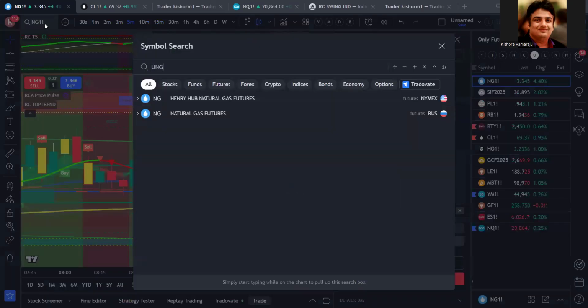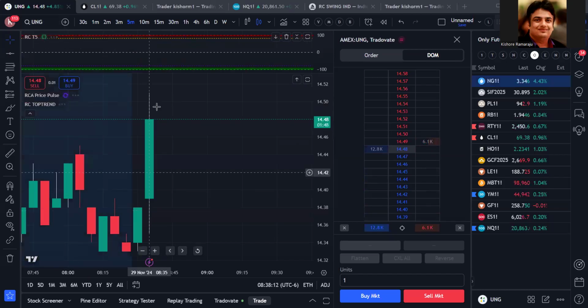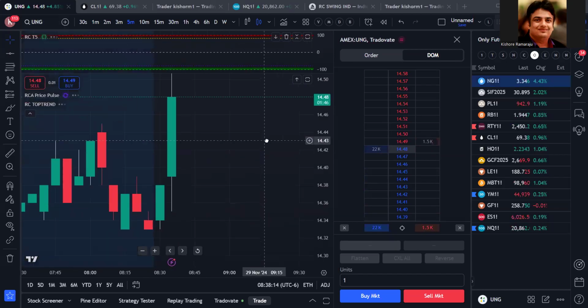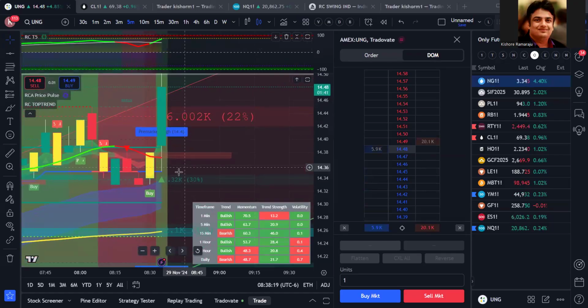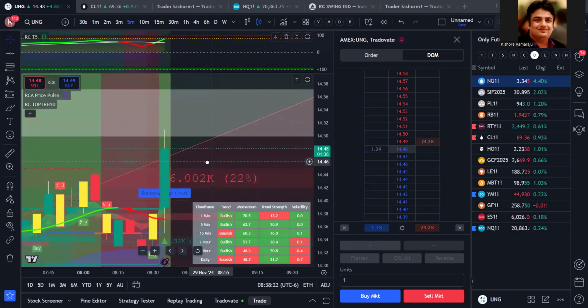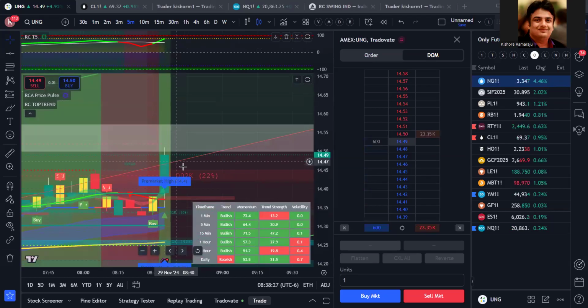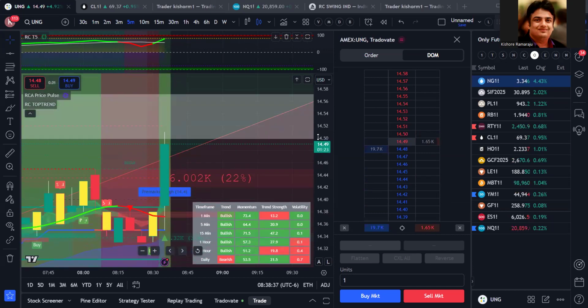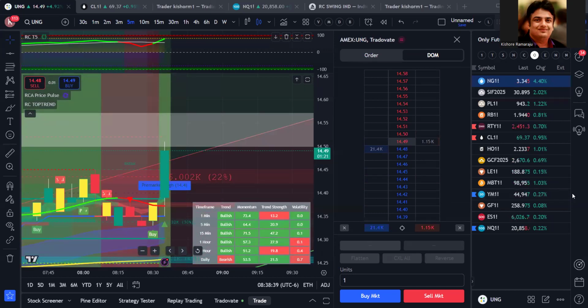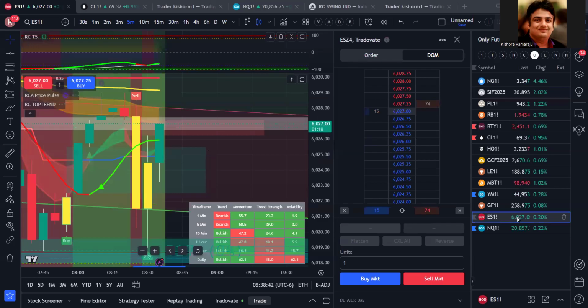So now you can see MG also might have more upside. If the next candle is above this resistance, then it can go all the way to the top. So we took profits on natural gas.